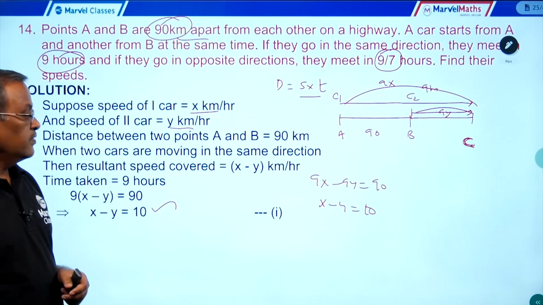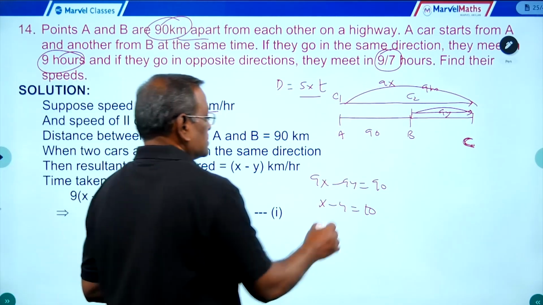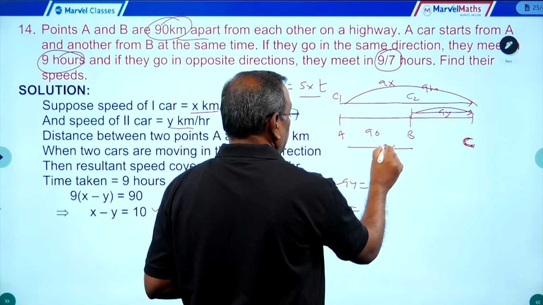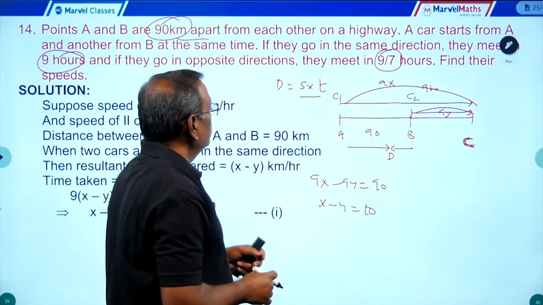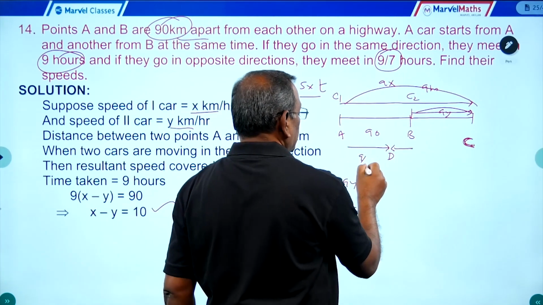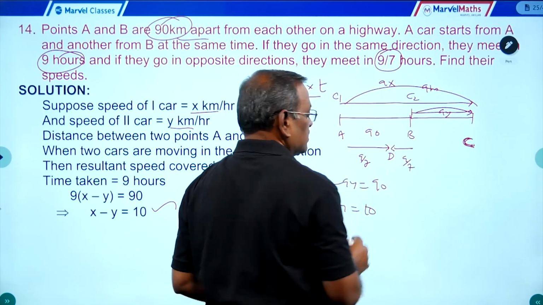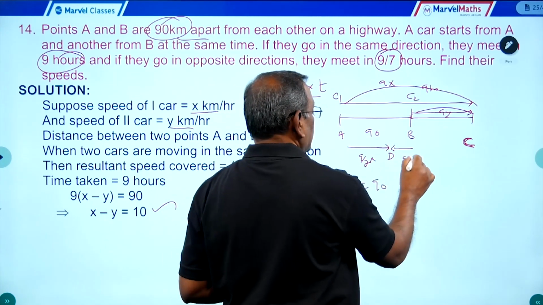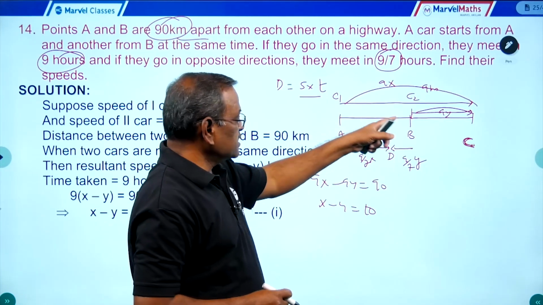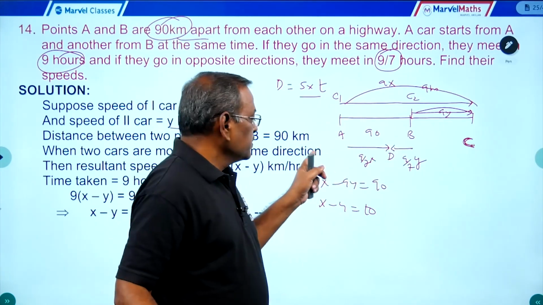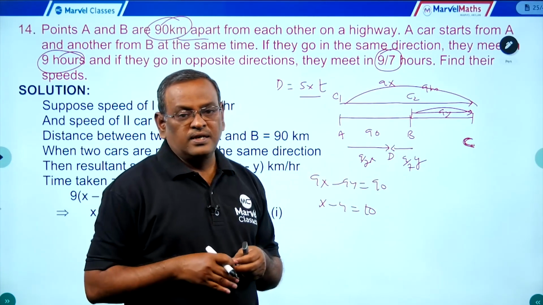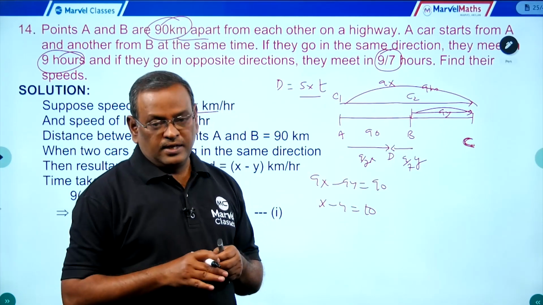Second, if the cars start from opposite directions, here and here, let the meeting point be D. They meet in 9 by 7 hours. So 9 by 7 x and 9 by 7 y. Here it was an extra 90 kilometers, but if both cars meet in opposite directions, the total distance traveled is 90 kilometers only.